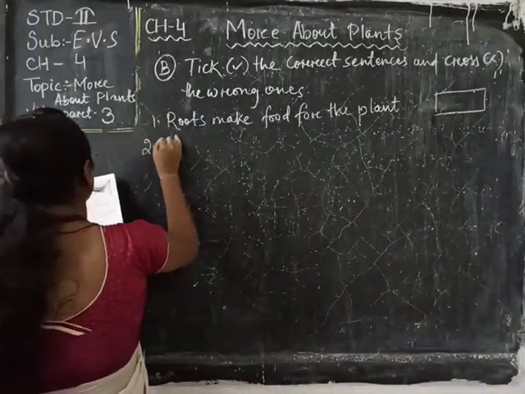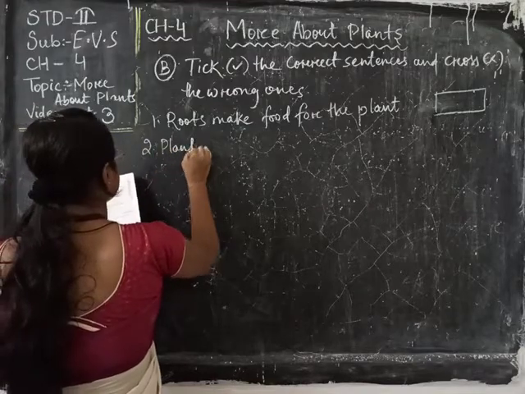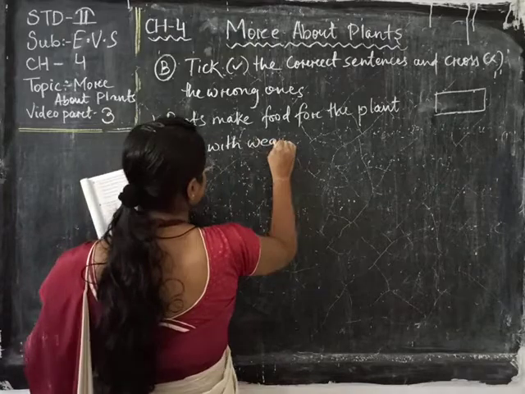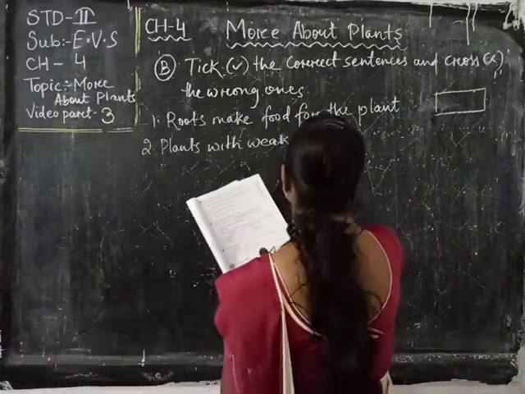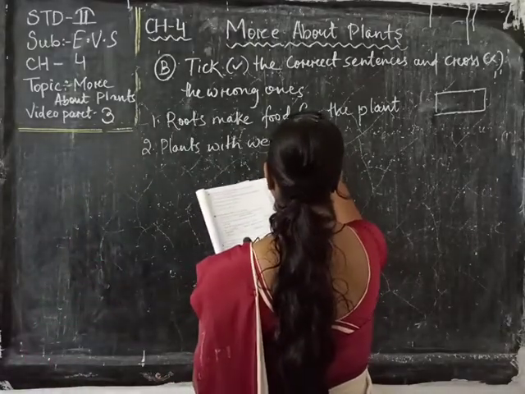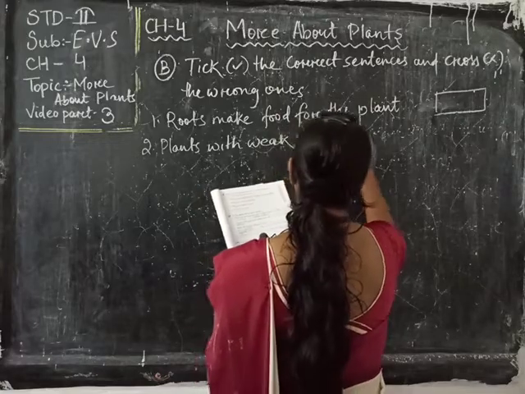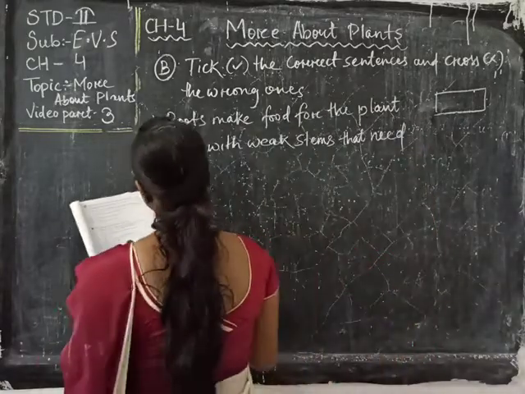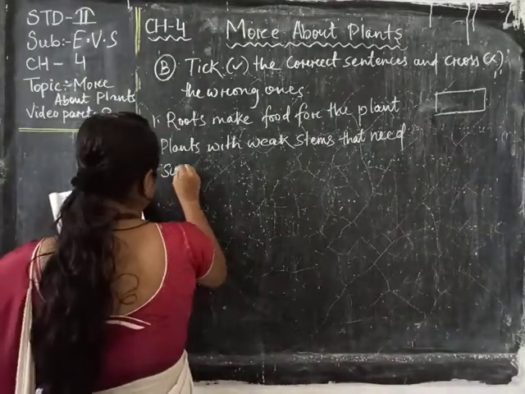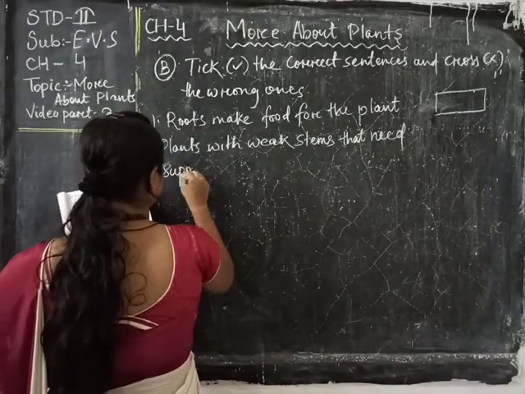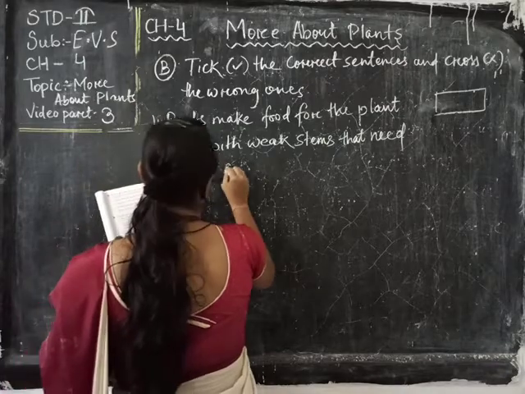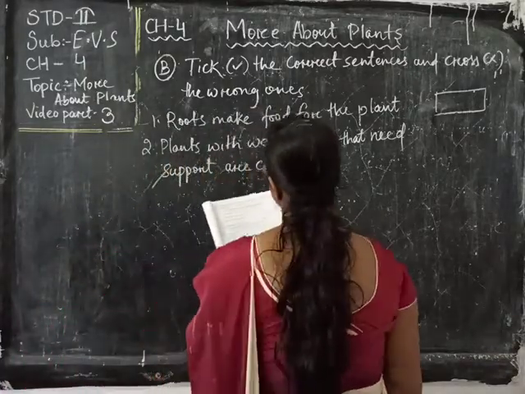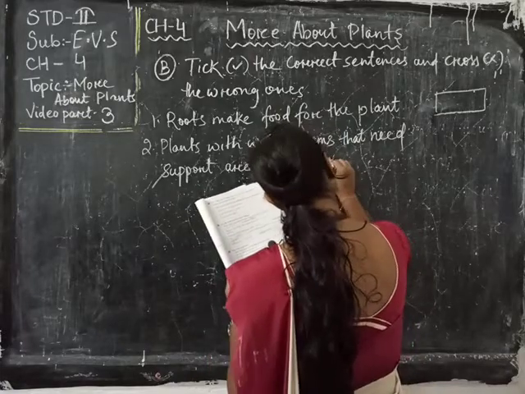Number 2, plants with weak stems that need support are called climbers.